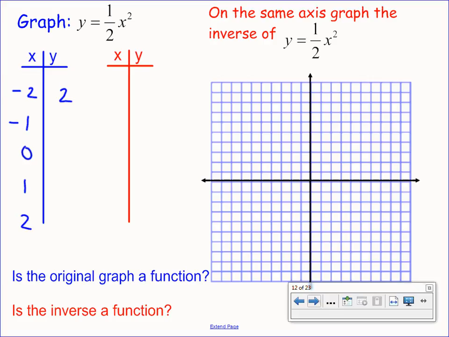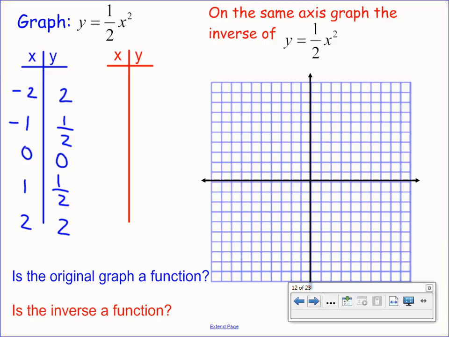So it looks like this relation contains the point -2, comma 2. -1 squared is 1. Half of 1 is 1/2. 0 squared is 0. Half of 0 is still 0. 1 squared is 1. Half of 1 is 1/2. 2 squared is 4. And half of 4 is 2.